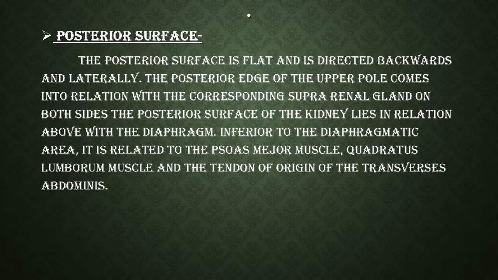The subcostal vessels and nerves, iliohypogastric and the ilioinguinal nerves, run obliquely downwards and laterally behind the posterior surface of the kidney in order from above downwards.